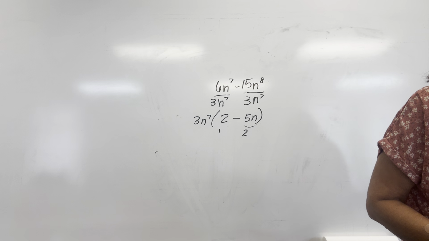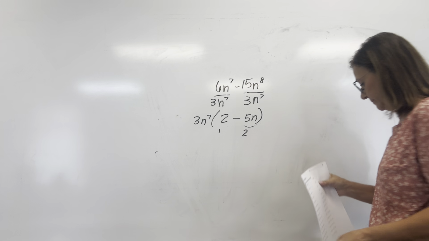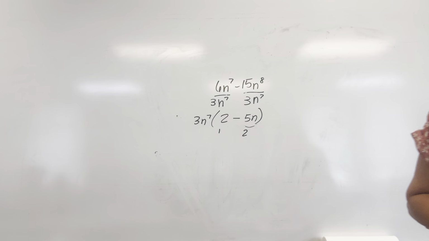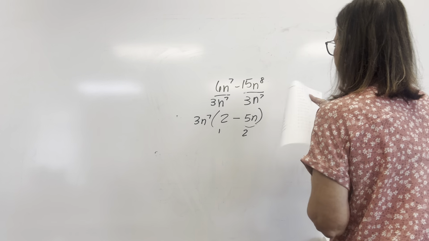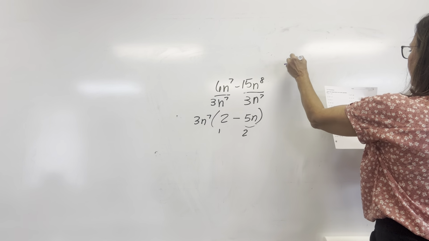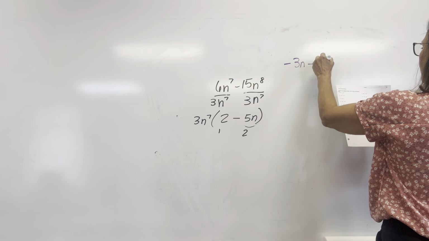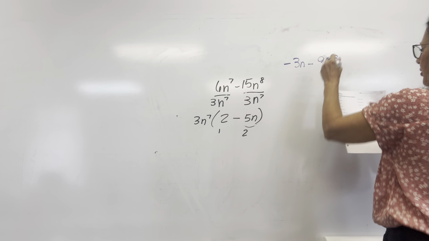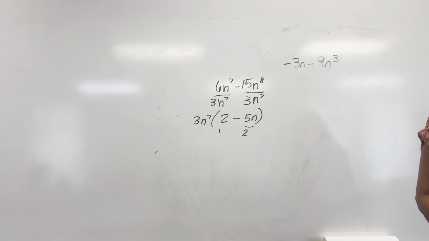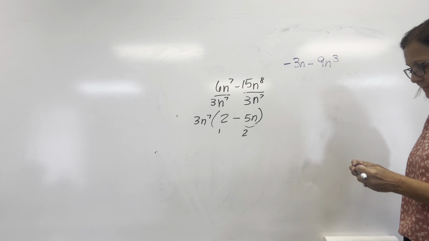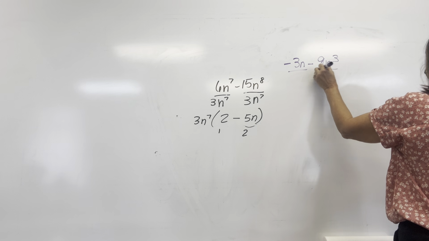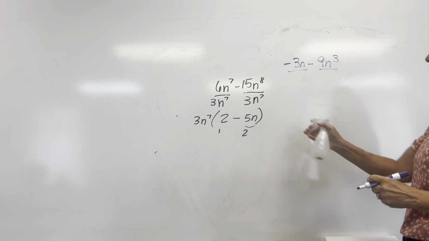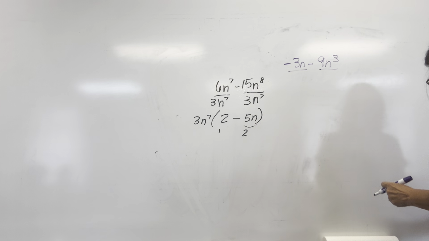All right, let's jump to number 4. Seth, look at number 4. Negative 3n minus 9n cubed. All right, what can be factored out of both of those terms? 3n. All right, do I want to leave the negative on the inside of the parentheses?